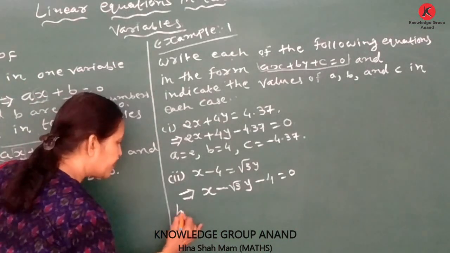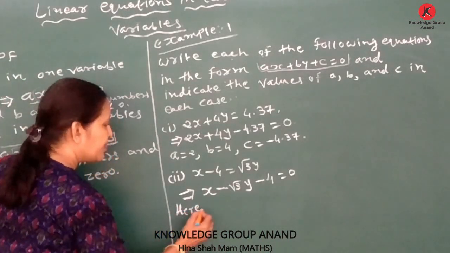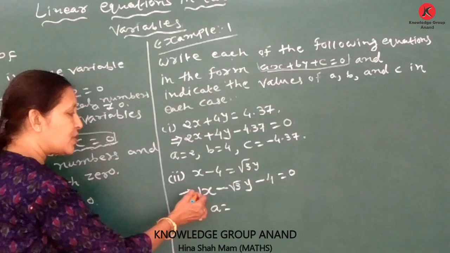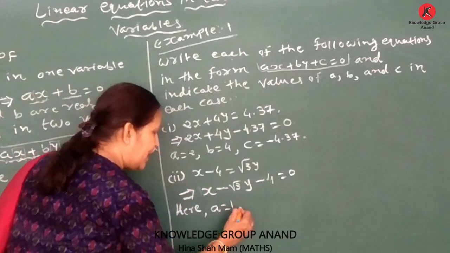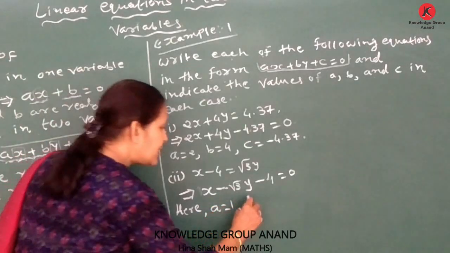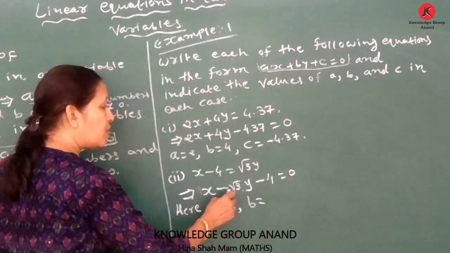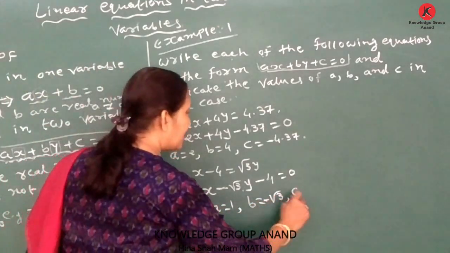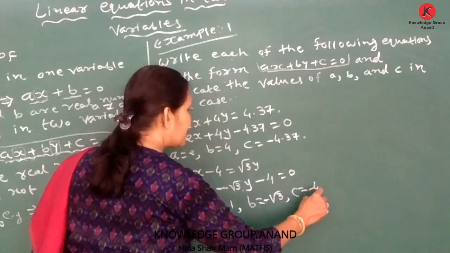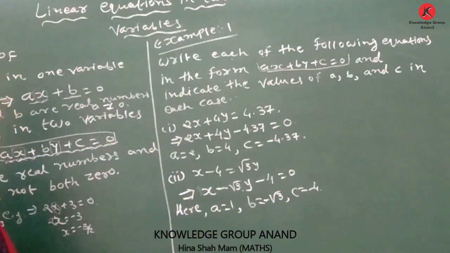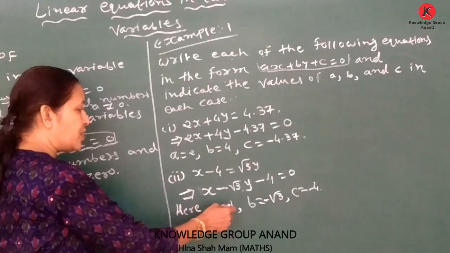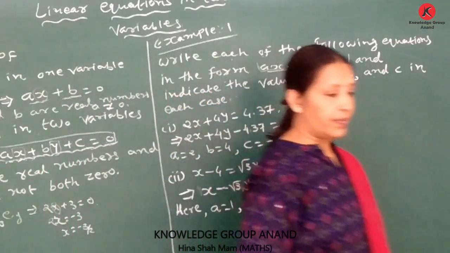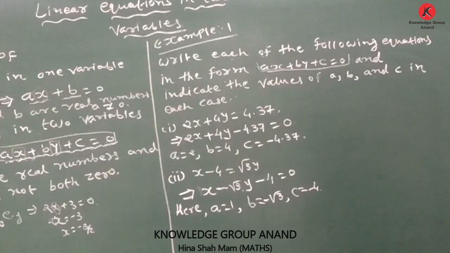Here a is equal to the coefficient of x, which is 1. b is equal to the coefficient of y, which is minus root 3, and c is equal to our constant term, minus 4. We indicate a is equal to 1, b is equal to minus root 3, c is equal to minus 4.